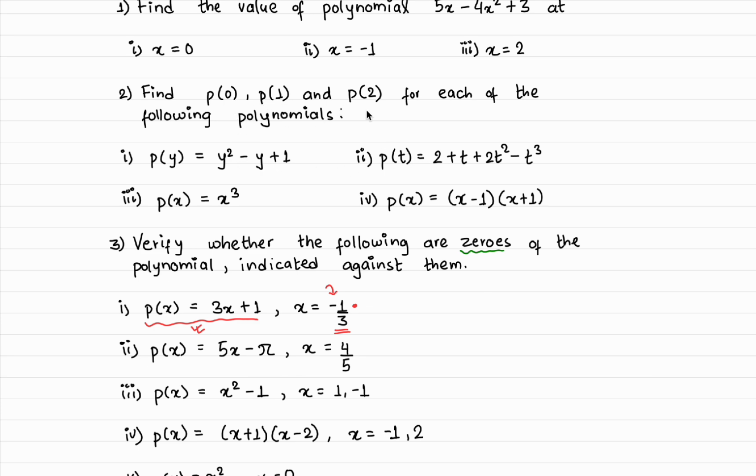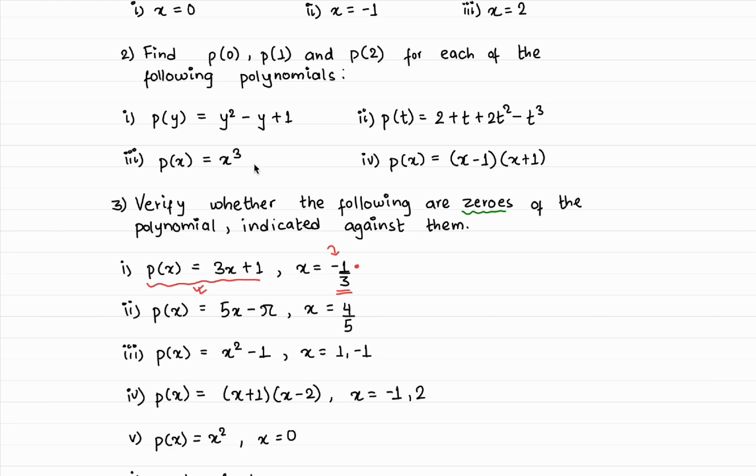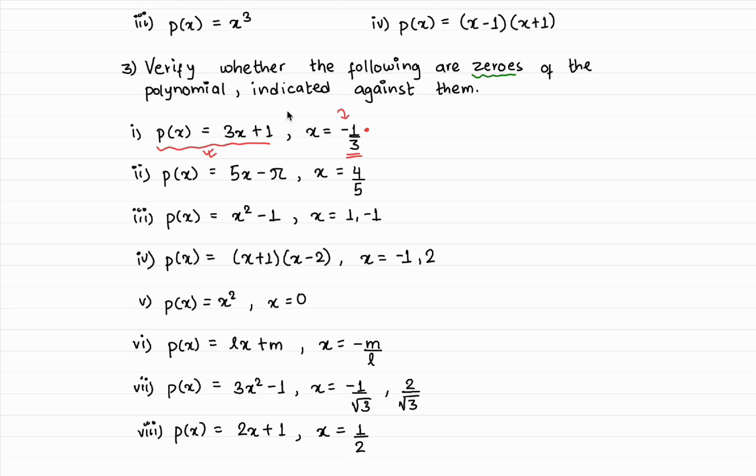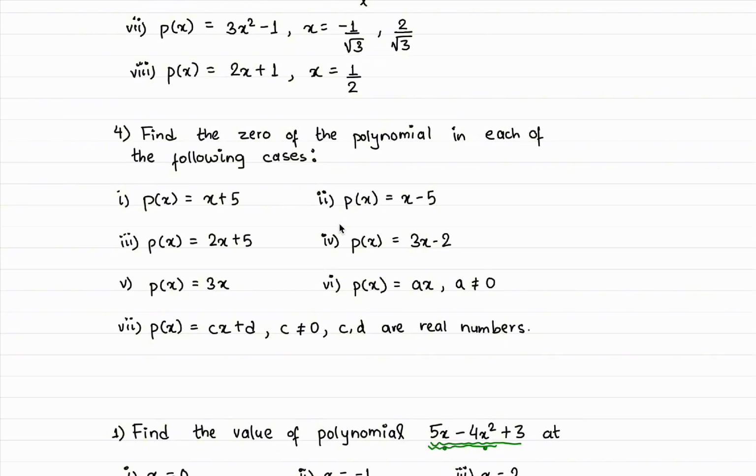So for 0, 1 and 2, we just plugged in these values. In question number 3, again we did the same thing. We plugged in these values, but an extra thing that we did here is we checked whether the answer is 0, and if the answer was 0, then these values were zeros of the given polynomials. And in our question number 4, we tried to find the zeros of the given polynomials.